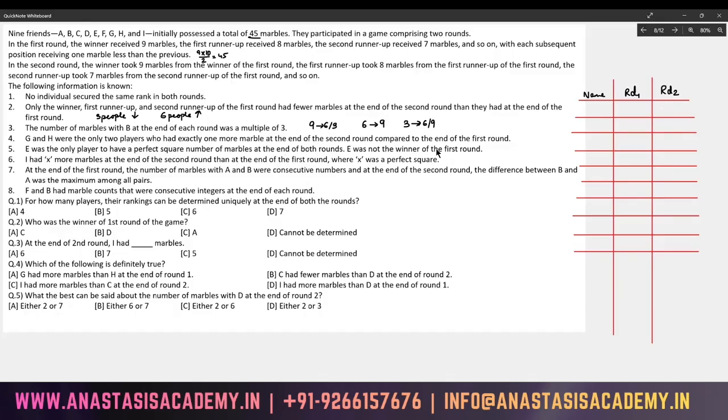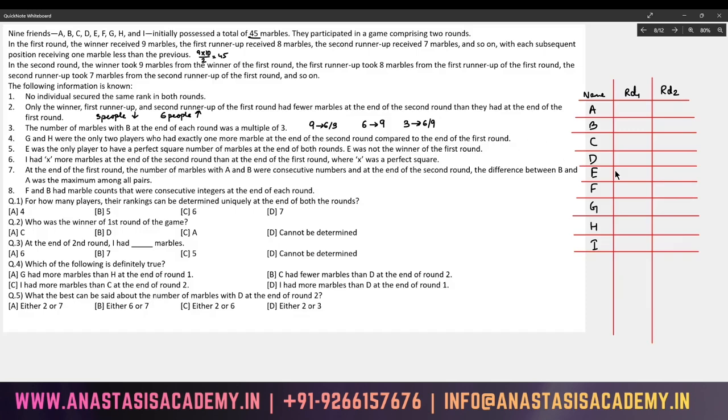But we can't really record anything right now. Next, G and H were the only 2 players who had exactly 1 more marble at the end of the second round compared to the end of the first one. Now I'm seeing there is very little information about who gets how many marbles in the first round and second round, so I'm going ahead and populating the table with names: A, B, C, D, E, F, G, H, and I. What we have been told about G and H is that these were the only 2 players who had exactly 1 more marble at the end of the second round.